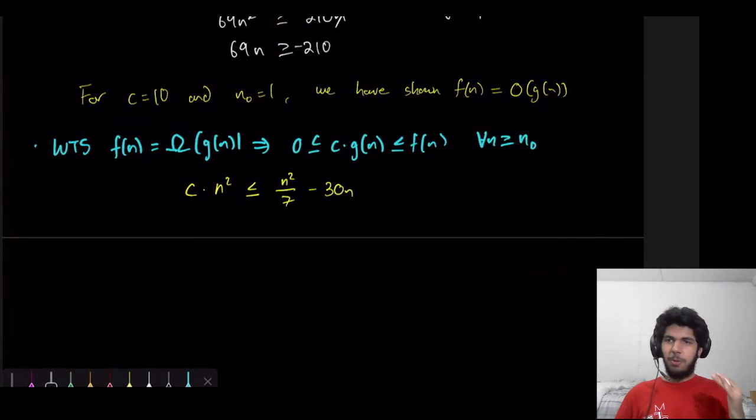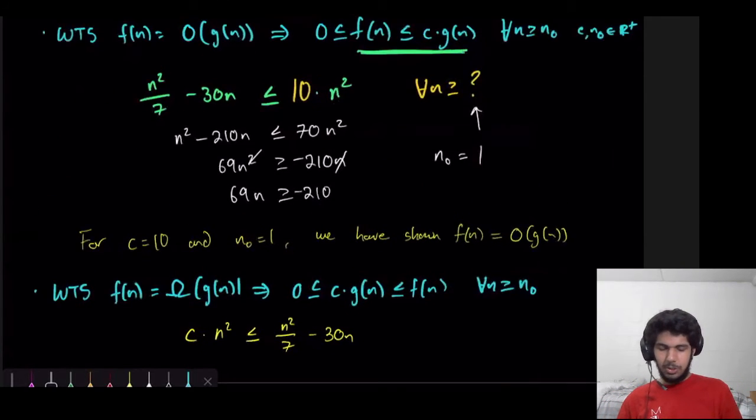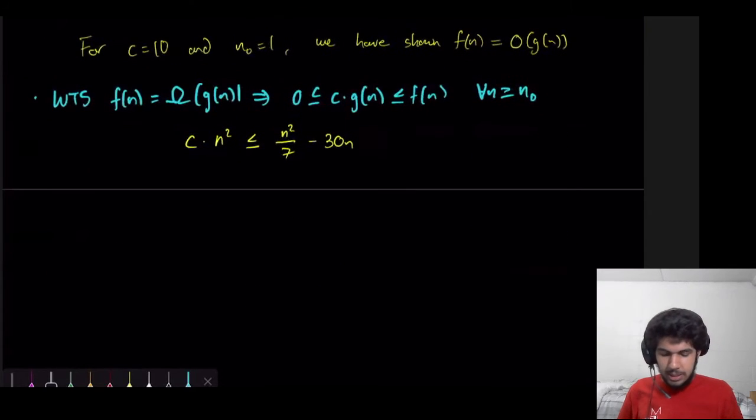So remember before when we were choosing our c on the right-hand side, we wanted it to be pretty big because we wanted this side to grow quicker than this side, and we saw that there's this 1/7 coefficient on the left side, so we knew we wanted something greater than 1/7. Here, we want this side to be smaller than this side.